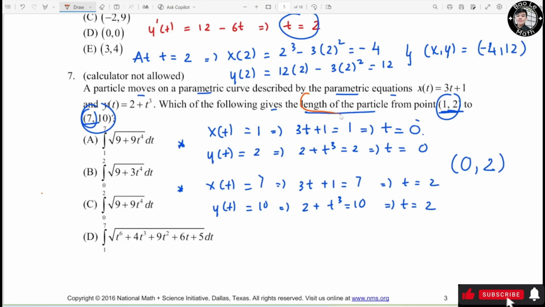Now to find the length of the particle's path, we need to find the first derivative, right? So we have x prime of t equals 3, right? y prime of t equals 3t squared, right?